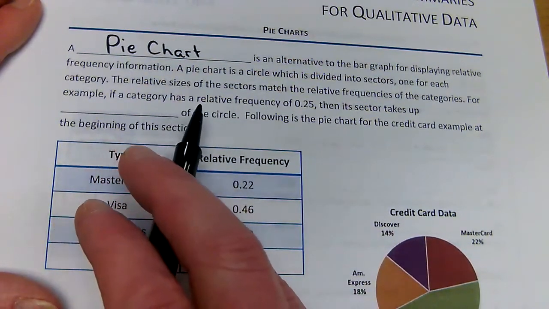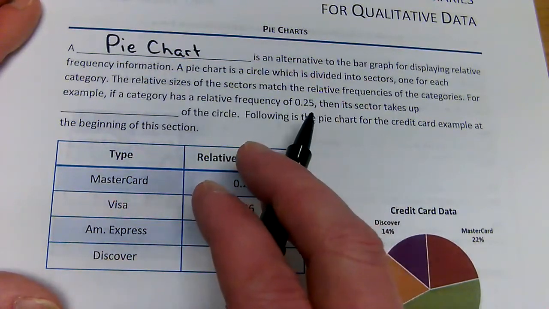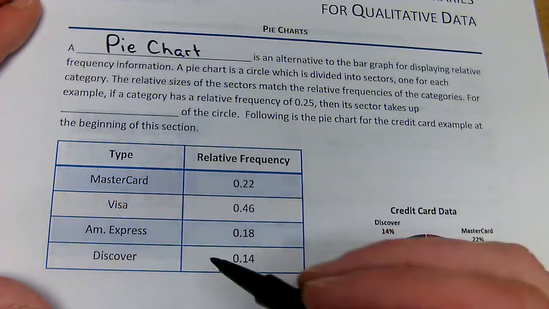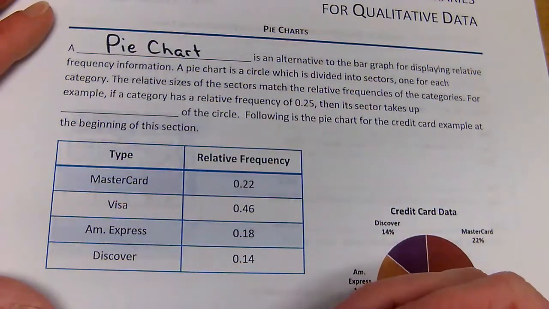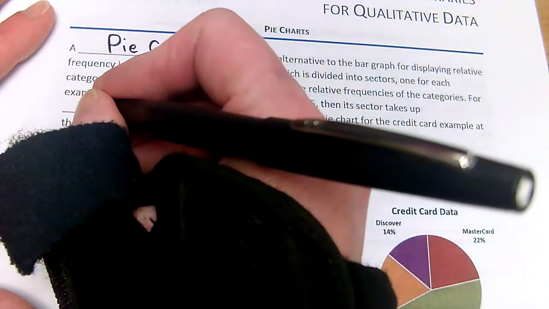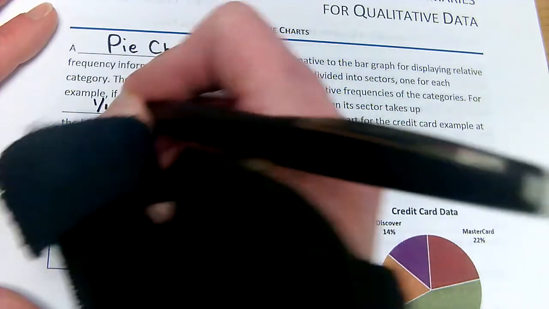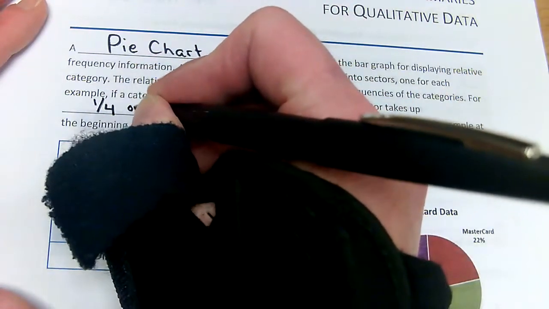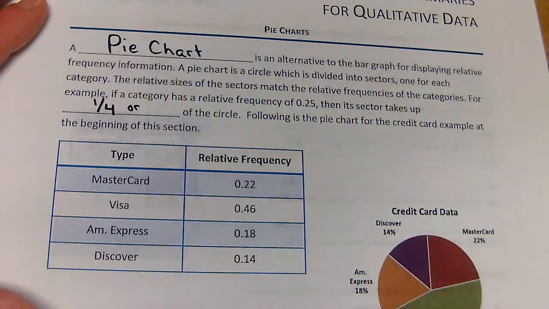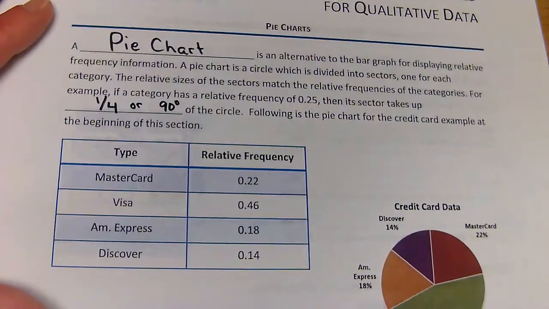For example, if a category has a relative frequency of 0.25, then its sector takes up 1/4 of the circle. Or if the whole circle is 360 degrees, this would be 90 degrees of the circle.